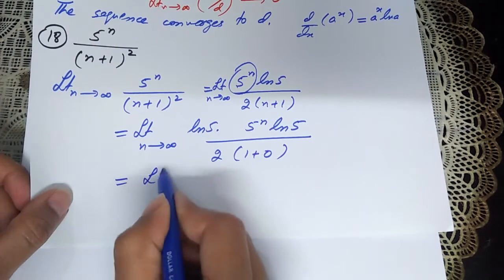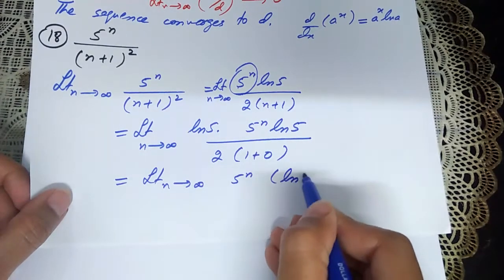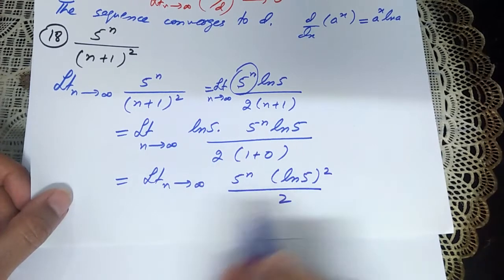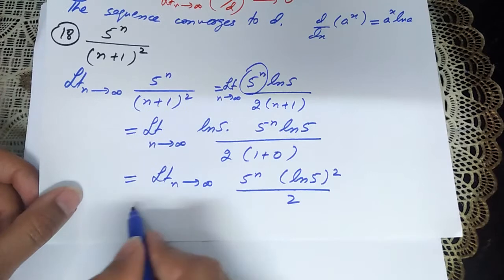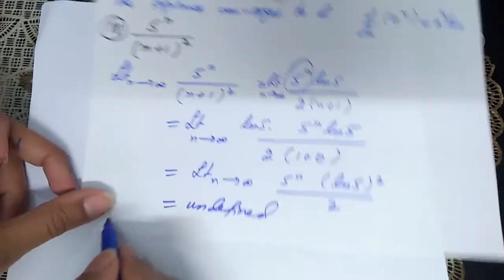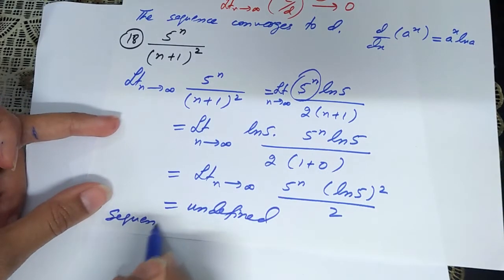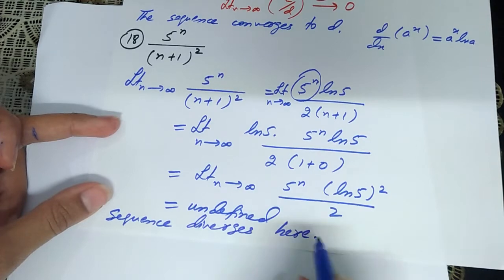It will become limit n approaches infinity, 5^n (ln 5) whole square divided by 2. Now if you apply the limit here, 5 raised to power infinity will give you an undefined answer. So your sequence in this question 18 diverges.